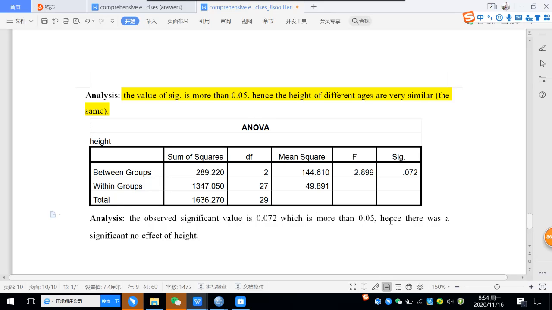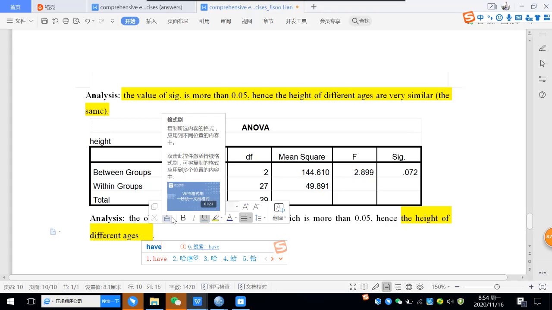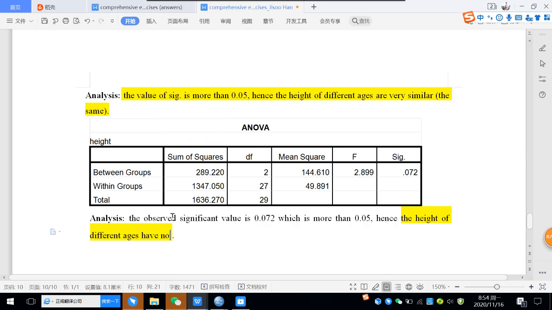Hence, there was no significant effect of height. Okay, hence, the height of different ages have no significant difference.